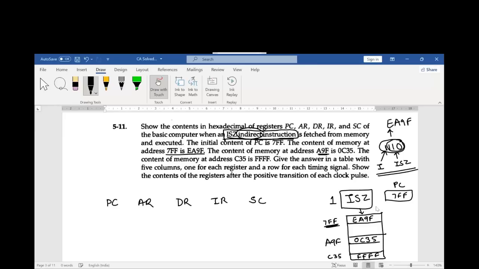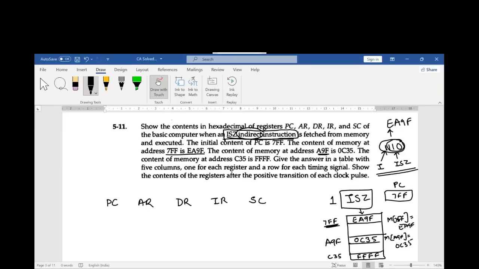Whenever you are reading the question, either you can draw it in the form of a memory or you can write it like this: content of memory at 7FF is equal to EA9F, then content of memory at A9F is equal to 0C35. These are the different ways in which you extract the data and write it so that you can make out the question. Okay, let us move ahead.